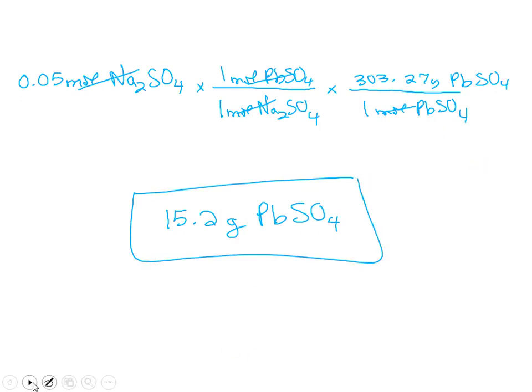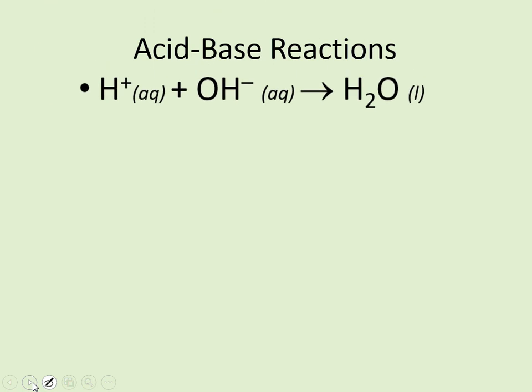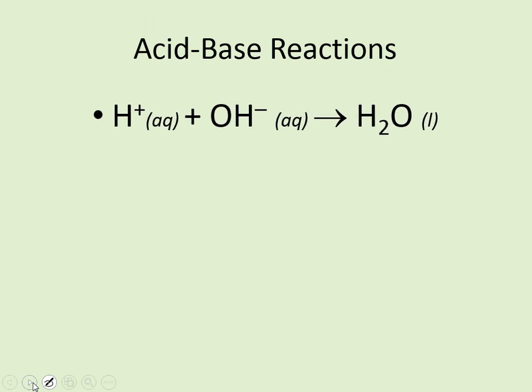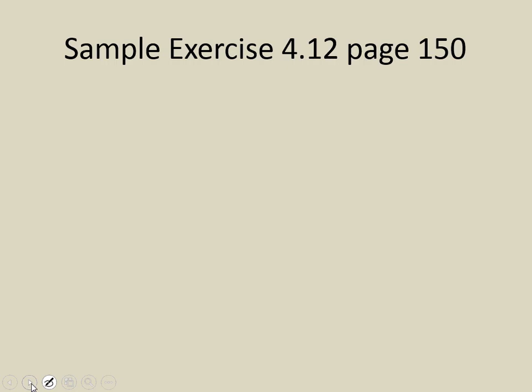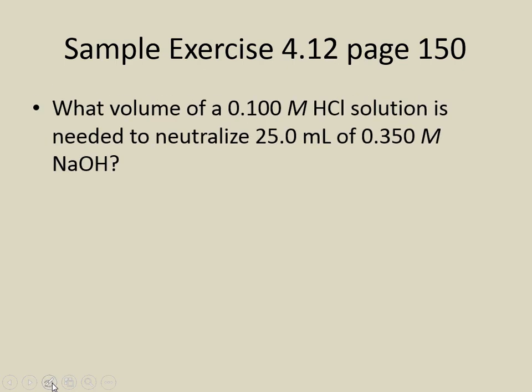When you have an acid-base reaction, your net ionic is your hydrogen with your hydroxide produces water. And we can use that shortcut of M1V1, but let's change it to MA for molarity of acid, VA for volume of acid, MB for molarity of base, and VB for volume of base, because I know that these combine in a 1-to-1 ratio.